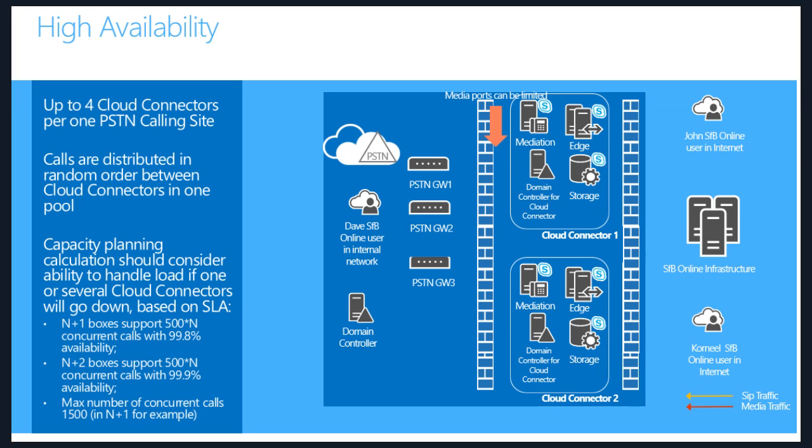That would effectively give me 1,500 calls within that PSTN site. If I don't do an N+1 model and I just do straight up 4 of them, of course, I could get up to 2,000 calls in that PSTN site. But if I'm looking at N+1 or N+2, you can see the formulas that we call out here on the slide that would give you an idea of how to handle the capacity planning aspect with regards to high availability.